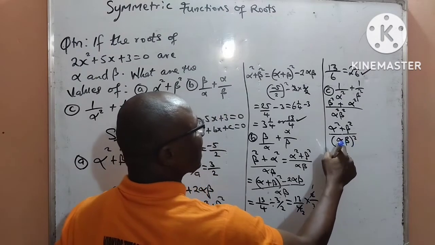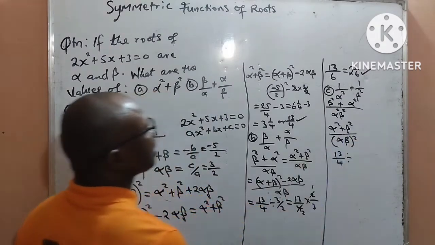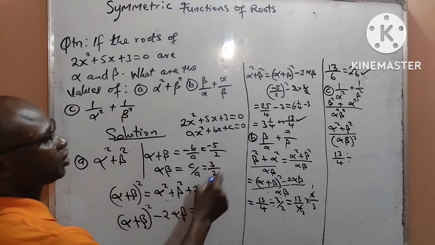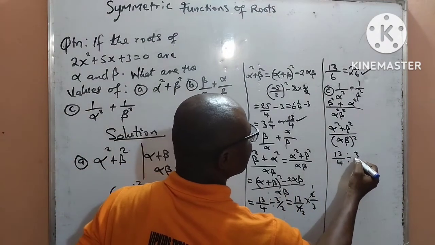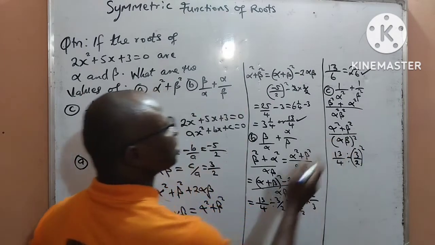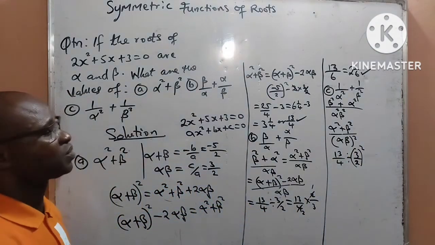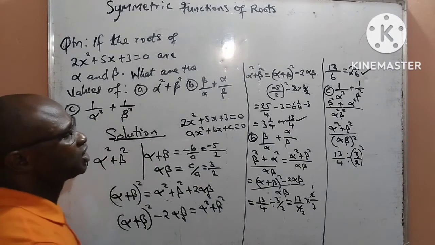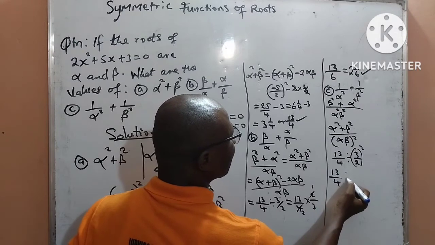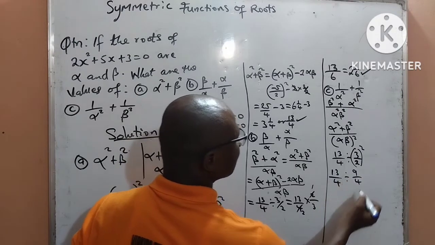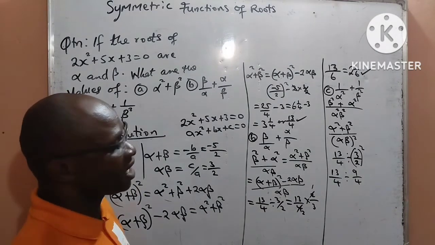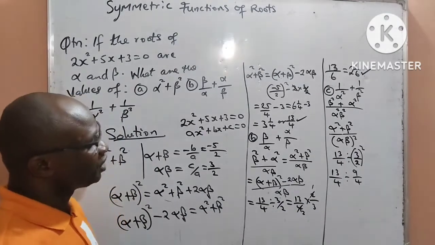So divided by alpha beta squared. And my alpha beta from the product of the root is 3 all over 2. So I will now write divided by 3 over 2 squared, because you can see that my alpha beta is squared at the denominator. So this implies that I shall have 13 all over 4 divided by 9 all over 4, because the square of 3 is 9, and the square of 2 is 4.